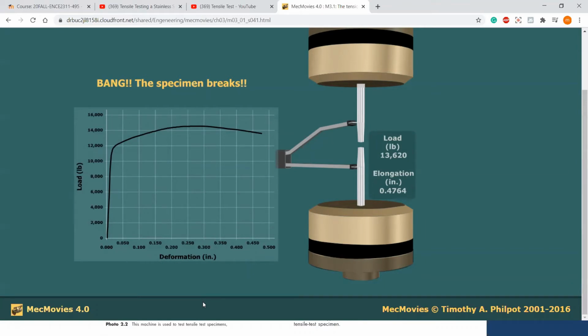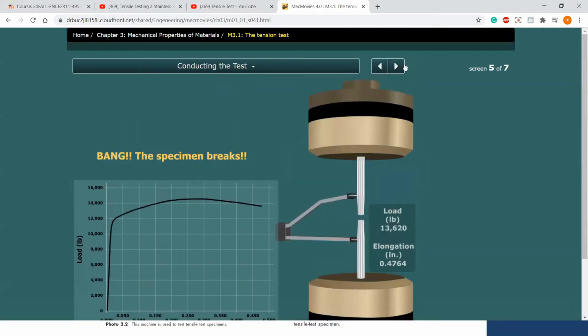Okay, let's continue. So we know that bang, the specimen breaks. So we fail the specimen at 13,620 pounds. Let's see what's next.